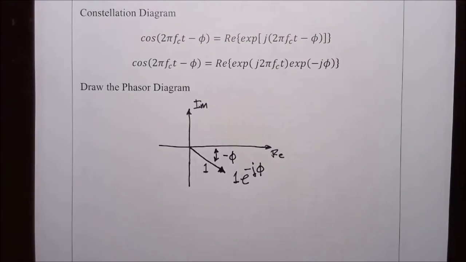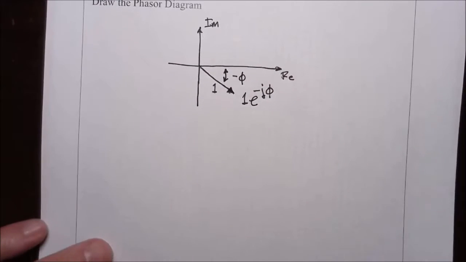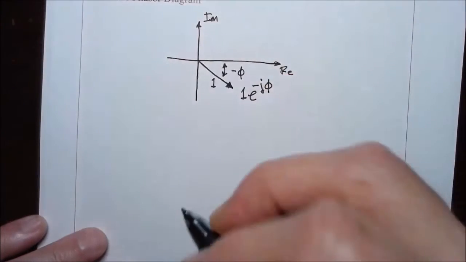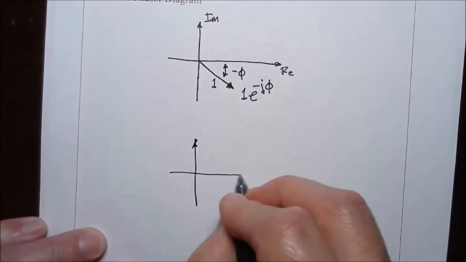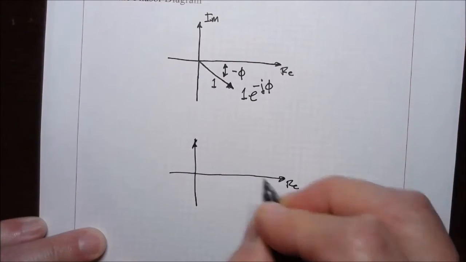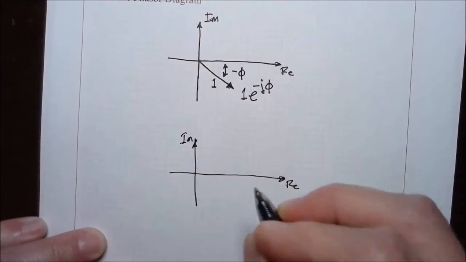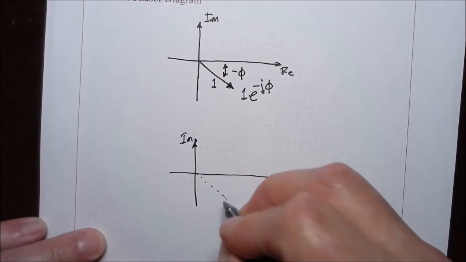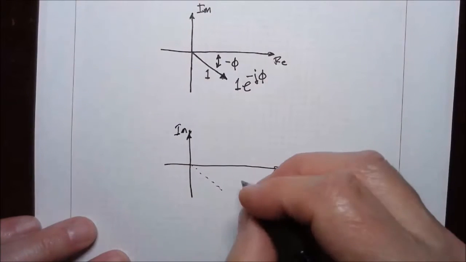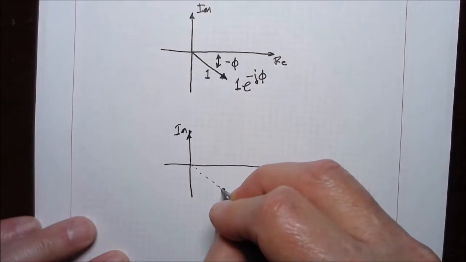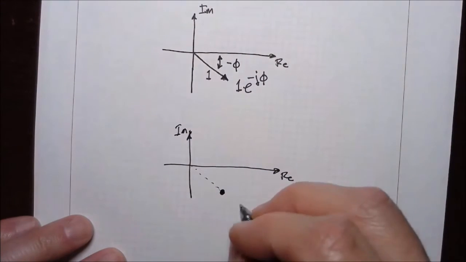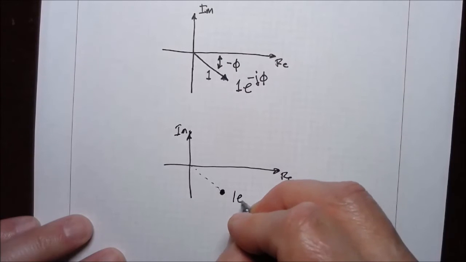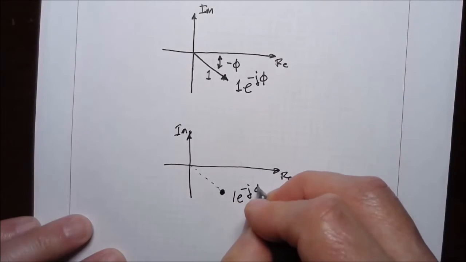Now I want to do the same thing, except instead of drawing an arrow, we'll draw again the imaginary and the real axis. Then instead of drawing an arrow, let me just draw this as a single point on the complex plane. This is still 1 e to the minus j phi.